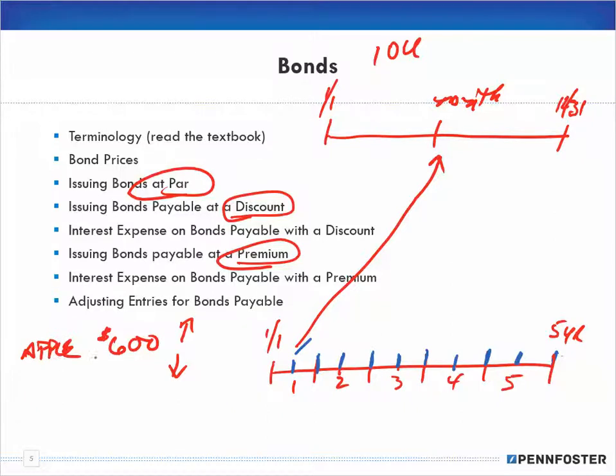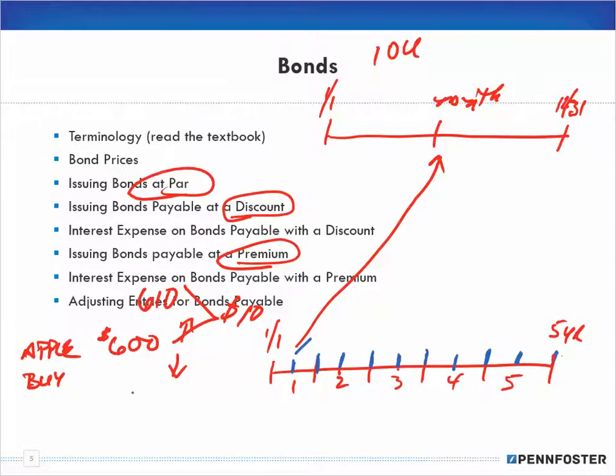But for right now, if you buy Apple stock for $600 and it goes up to $610, and you sell it at $610, you've made $10 on it. The price of that stock appreciated.